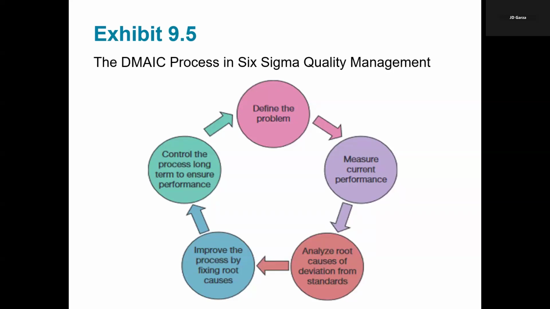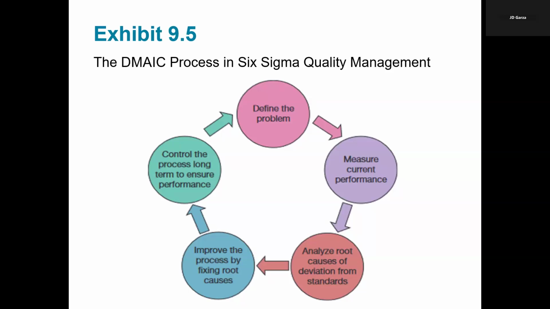Okay. Now, this detailed breakdown that you see here in this process starts with define the problem. In this particular phase, the focus is on identifying and clearly defining the problem that needs to be resolved. This also involves setting clear project goals and scope, understanding customer requirements, which is also known as CTQ, or critical to quality, and also aligning these with business objectives.